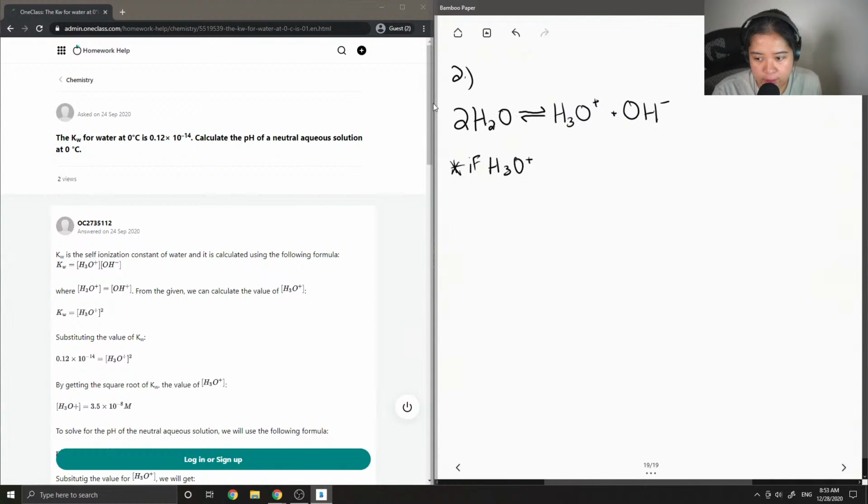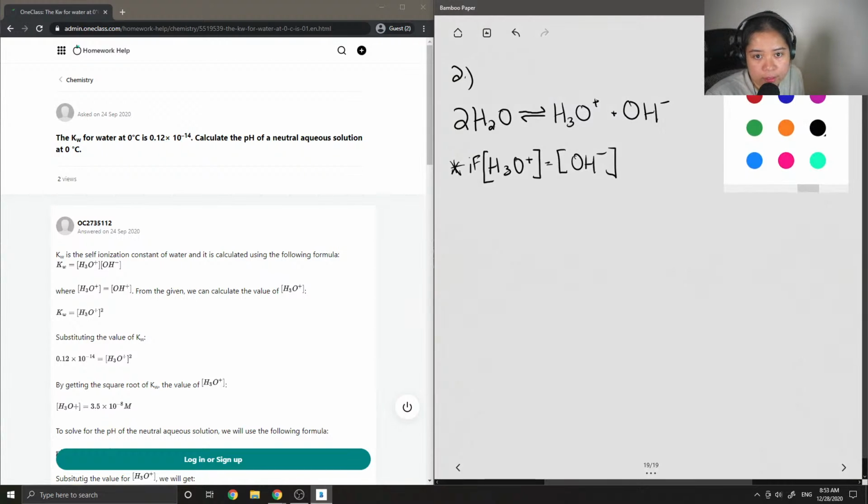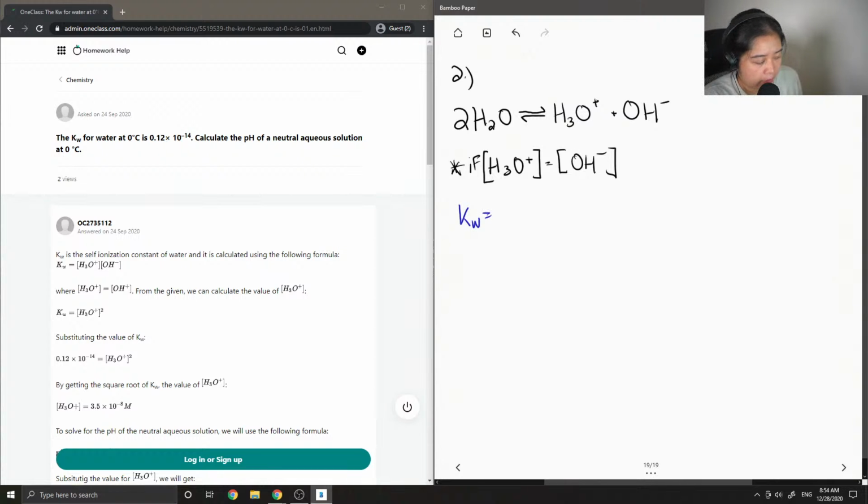If we look at this reaction, we can see that H3O plus and OH minus react at a 1-to-1 ratio. So the concentration of H3O plus should be equal to the concentration of our OH minus ion. First, let's recall the Kw expression, where Kw is equal to the concentration of H3O plus times the concentration of OH minus.